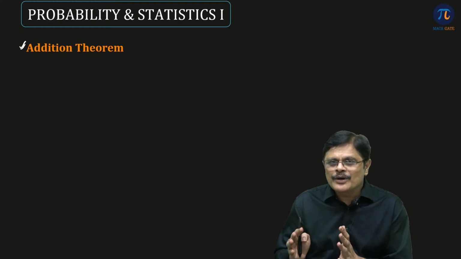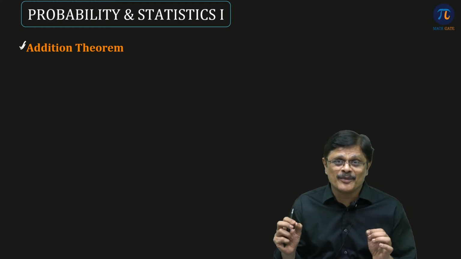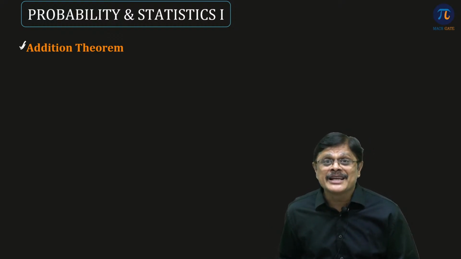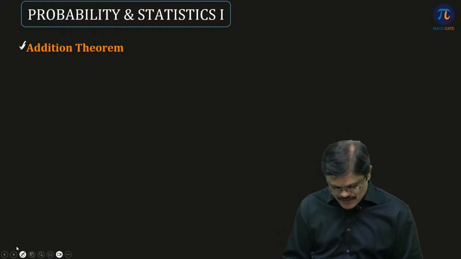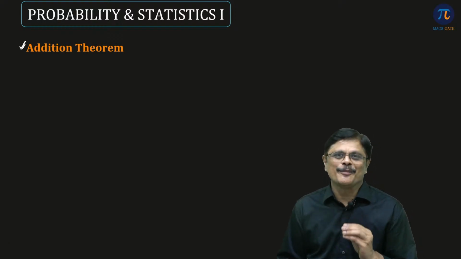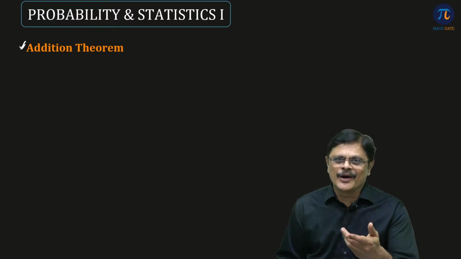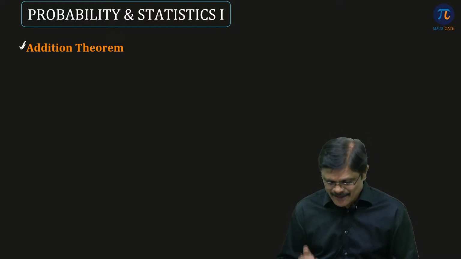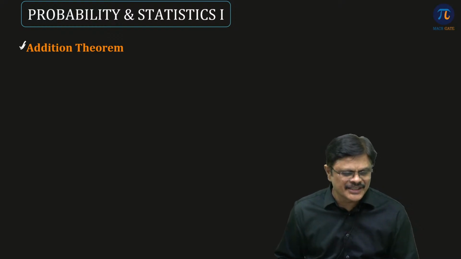From tomorrow onwards, we start with conditional probability, and that is one of the important concepts. Please don't miss it. Of course, it does not mean that you miss today's class. This is also important. Questions will come. Nowadays, they are also asking these questions in aptitude tests. Am I clear? Now, let us start with this addition theorem.